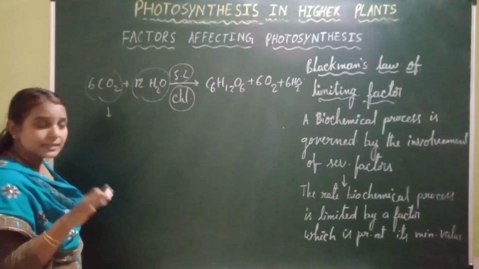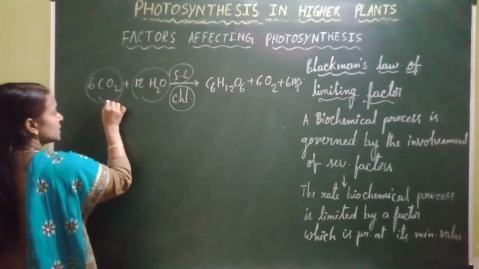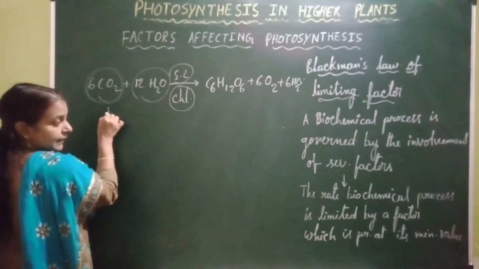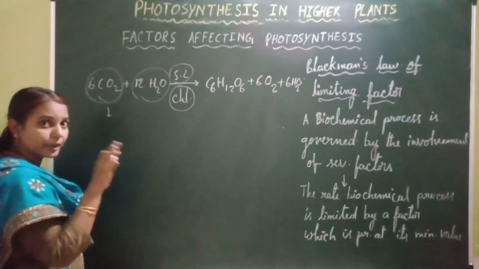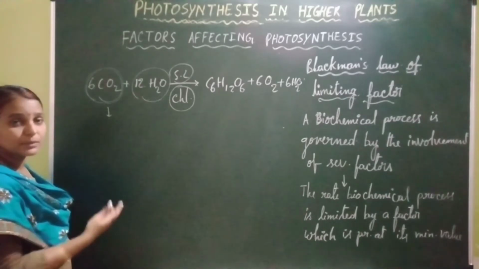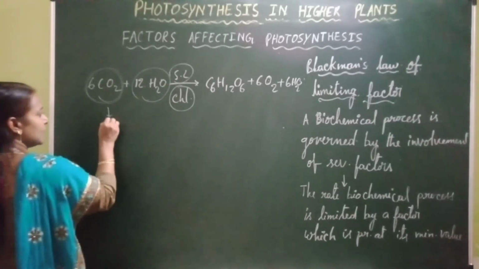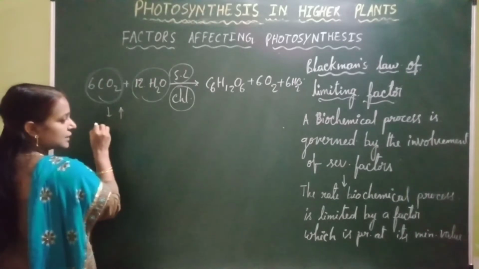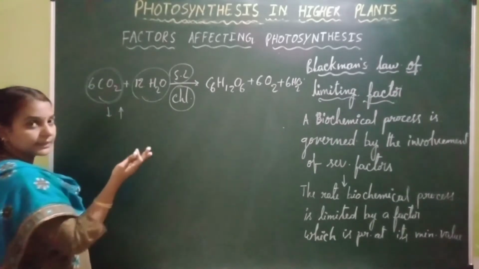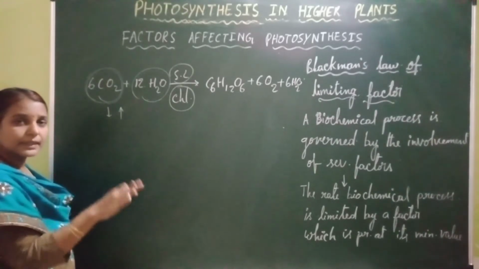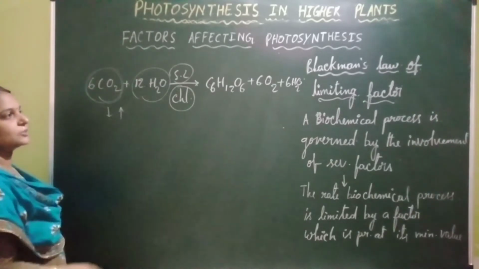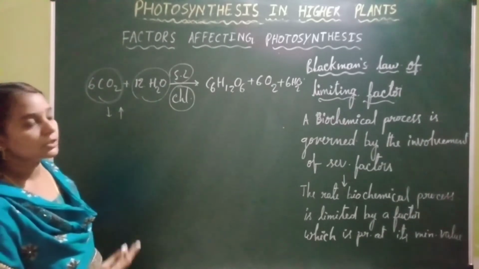Suppose here the carbon dioxide concentration is less. Then carbon dioxide is involved in limiting the rate of photosynthesis, that is the biochemical process. If more carbon dioxide is provided to the plant, the rate of photosynthesis will be increased. So that is Blackman's law of limiting factor.